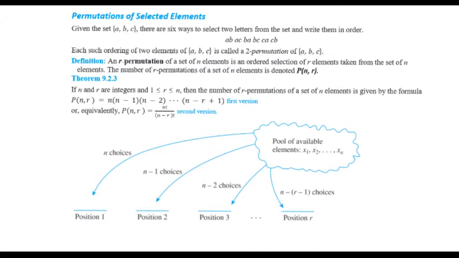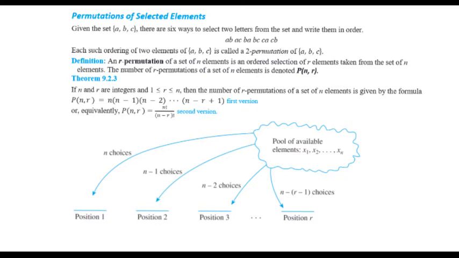So for the first position you have n different choices, but for the second position you have only n minus 1 choices because you cannot reuse the element chosen in the first step. In the third position you have one less number of choices. You have n minus 2 choices all the way to position number R, where you have n minus R plus 1 choices for the last position.